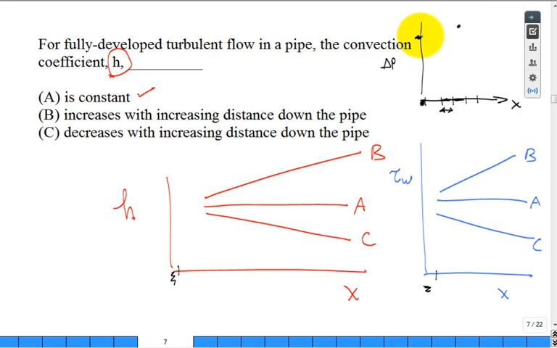Does my pressure drop per unit length go up, or go constant, or does it go down? See, I'm asking now about pressure loss, pressure drop due to viscous effects as I'm flowing down this fully developed turbulent flow pipe. So try that one. This is answer A, B, or C.